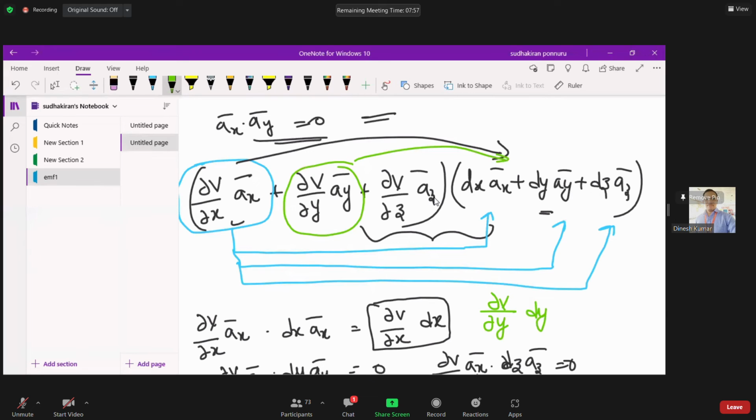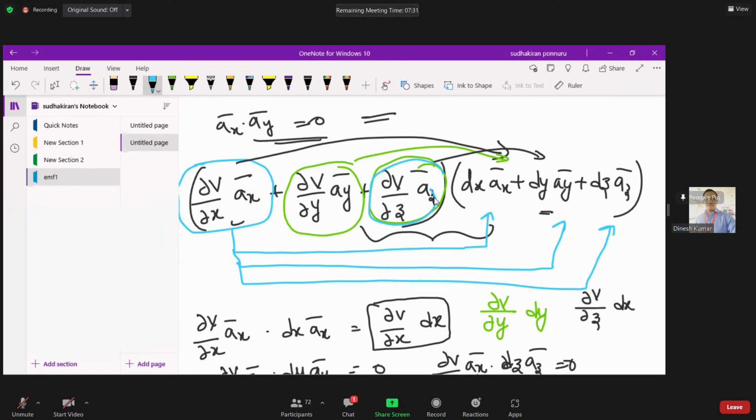Similarly, if you take the third term and do the product with all these terms, you will get only one value, that is dou v by dou z into dz.